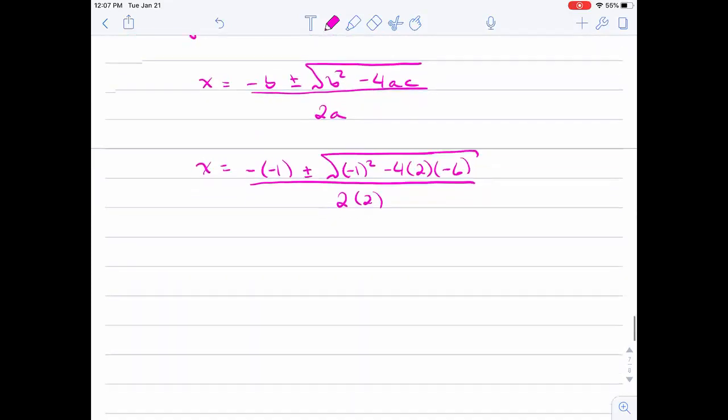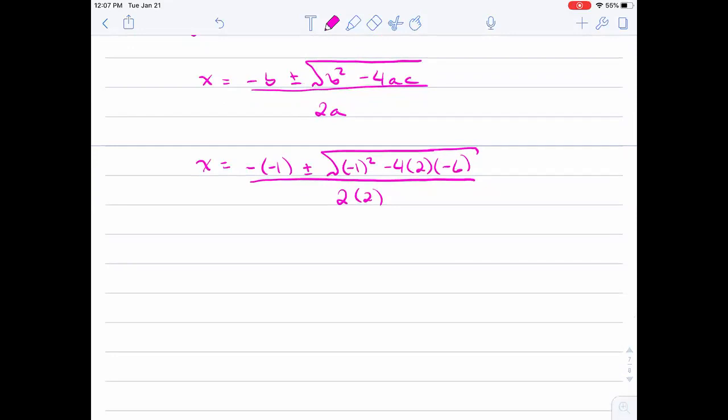Now I can simplify this a little bit and I get x is 1 plus minus the square root of 1, and then 4 times 2 times 6, keeping track of my negatives. I've got minus, and a negative number means plus 48, divided by 4.